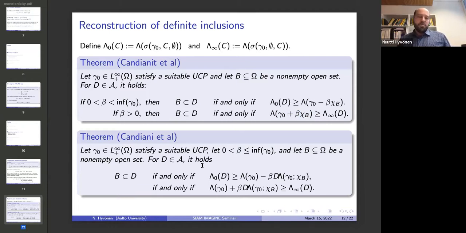I won't probably go into the details of the latter theorem. The idea of the latter theorem is that by having a little bit stricter condition on this beta parameter, I can also do this linearization. So I can replace these test Neumann-to-Dirichlet maps by linearized versions.